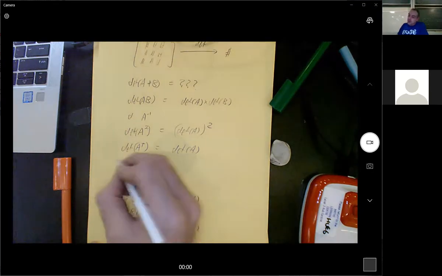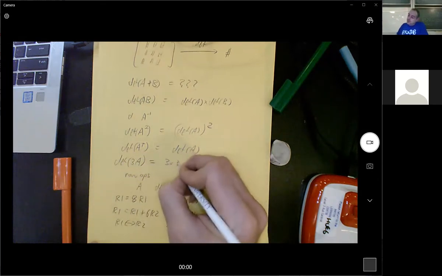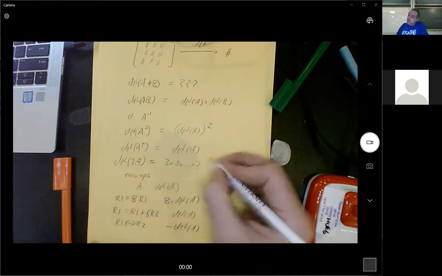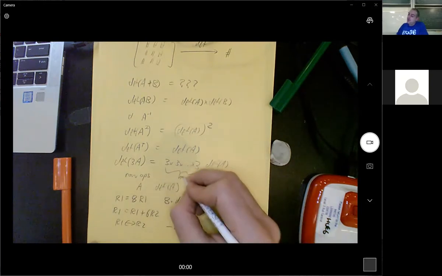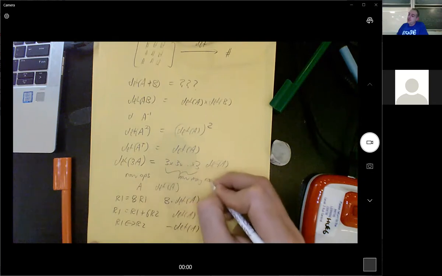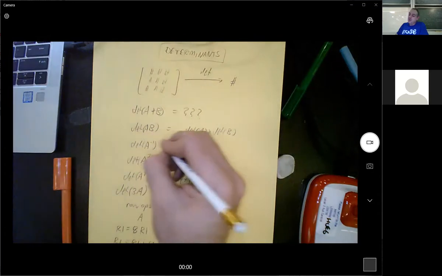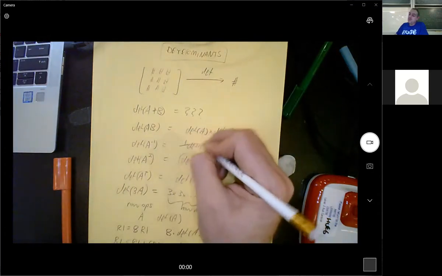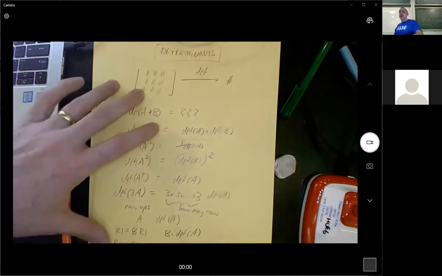So the determinant of a multiple of A is that multiple raised to the power of n, where n is how many rows there are. And then finally, the determinant of the inverse is 1 over the determinant. All right, these are the rules for how determinants behave.